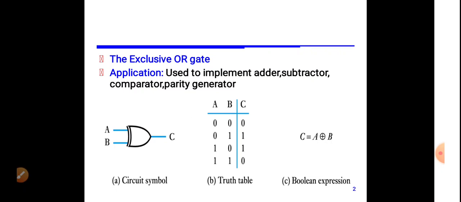Now let me tell you one simple example for the exclusive OR gate. Let a bulb be placed on the first floor, for whenever you are going through a staircase. So at the staircase you have a bulb. For the same bulb you will have two switches.